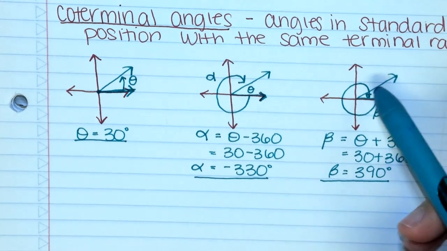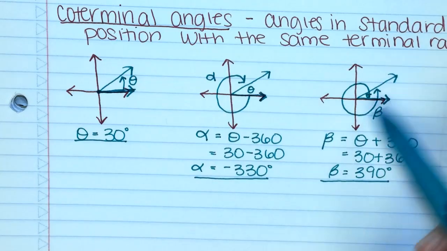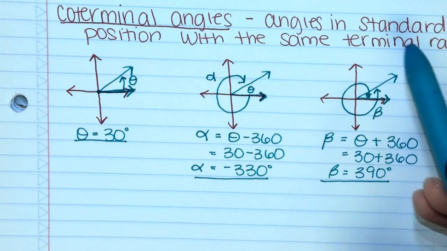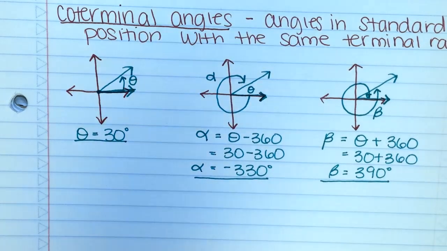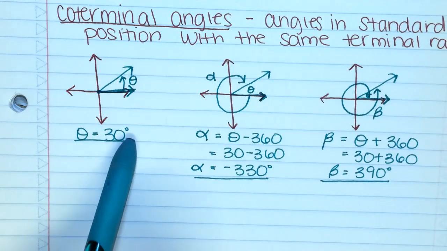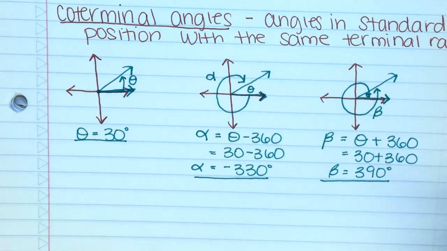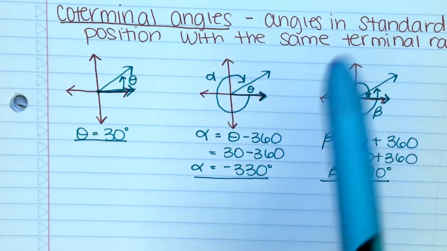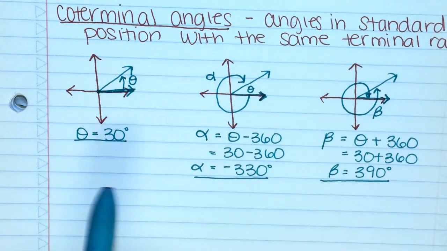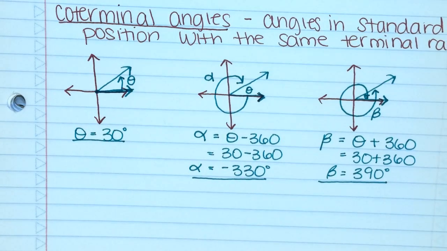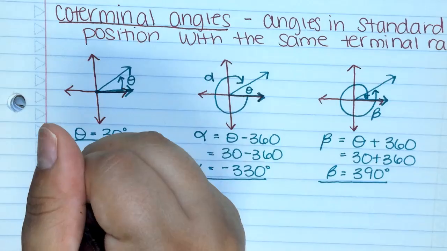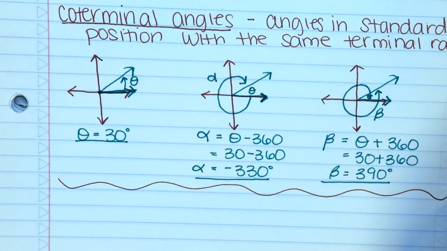Could this go around twice? Sure. 3 times? Sure. 50 times? Sure. We're not going to sit here and do that. But how many coterminal angles does 30 have? Infinite. Because I could go around the circle as many times as I wanted. Or I could go backwards around the circle as many times as I wanted. Okay? We're not going to do all that extra. But you just need to know that's how you find coterminal angles.